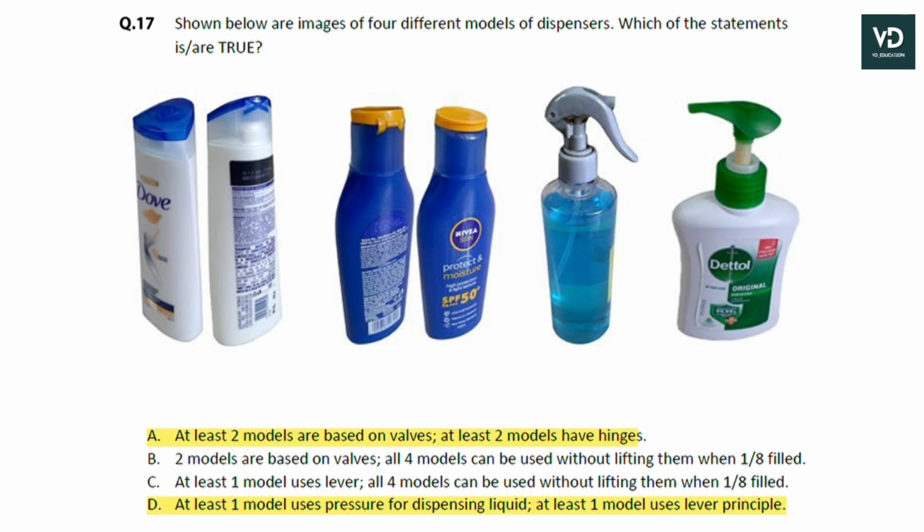Okay, so here we can see this bottle and this bottle have hinges, and this bottle and this bottle have walls. At least one model uses pressure to dispense liquid. At least one model uses the lever principle. This will be the lever principle, and this will be the pressure principle.